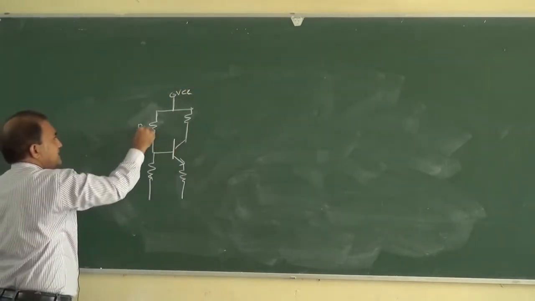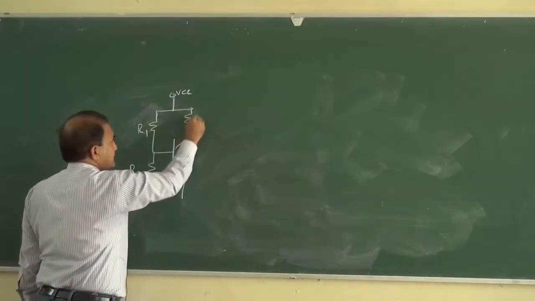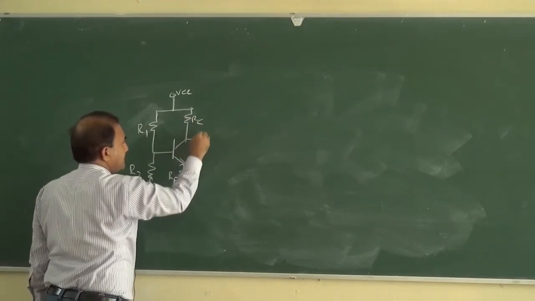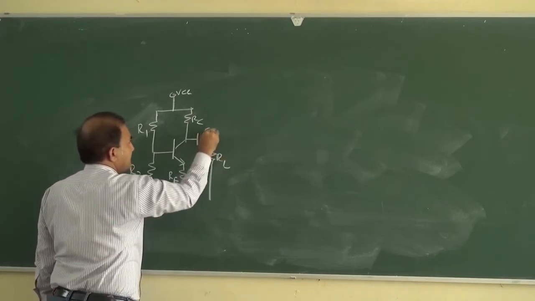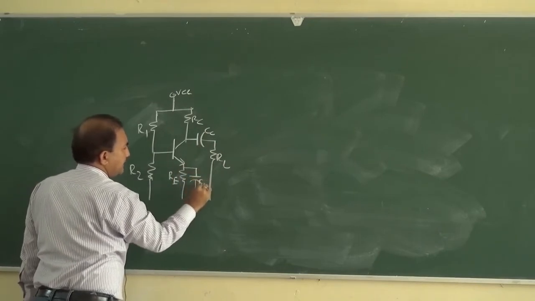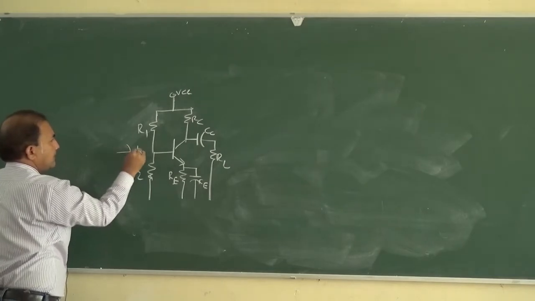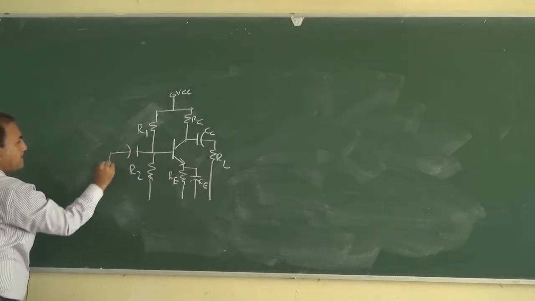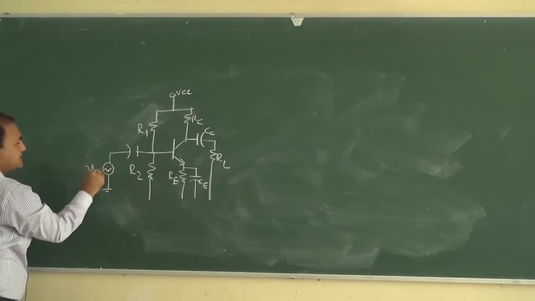This is VCC and this is R1, this is R2, RE, this is RC, RL, this is the coupling capacitor and this is the emitter bypass capacitor, and this is say VI.